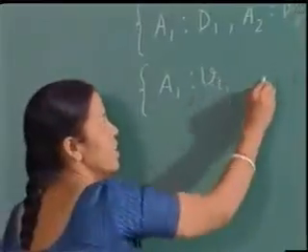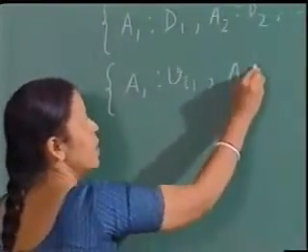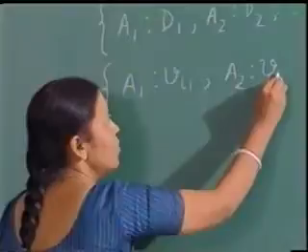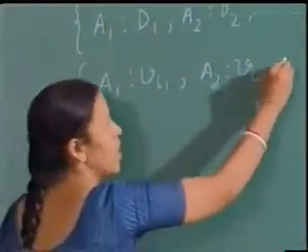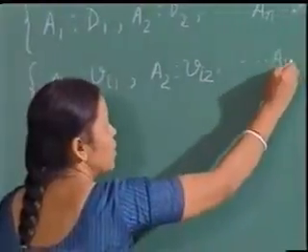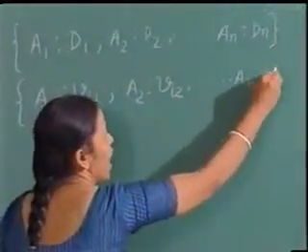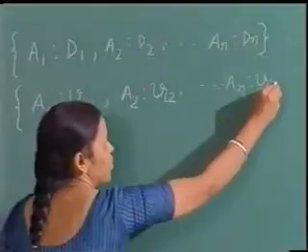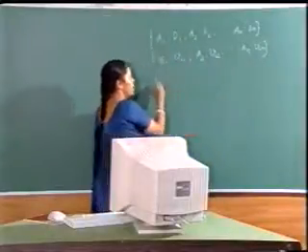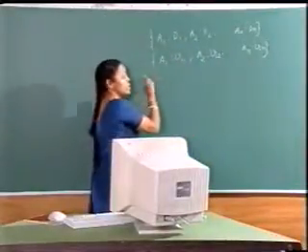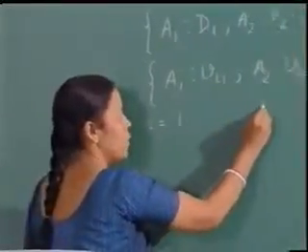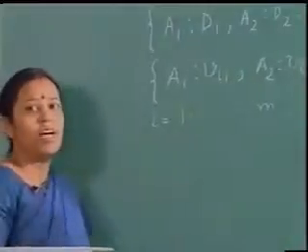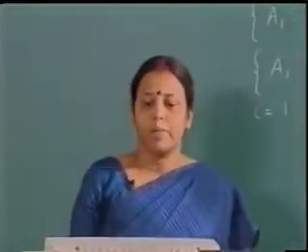Similarly, this is your second attribute, and the value of the second attribute is vi2. Similarly, the nth attribute and the value of the nth attribute, where i ranges from 1 to m, where m is the number of tuples.